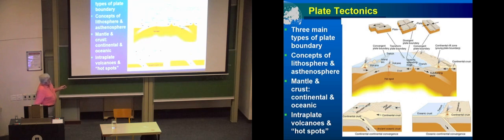There is not necessarily a deep convection system below mid-ocean ridges, for example. What is the case there is that mid-ocean ridges stand considerably above, about depth of about 2,500 meters on average, whereas the main ocean basins are between 4,000 and 5,000 meters on average. And that gives rise to what we call a ridge push force. It's a gravitational push force that's pushing the continents or the plates apart in those regions.